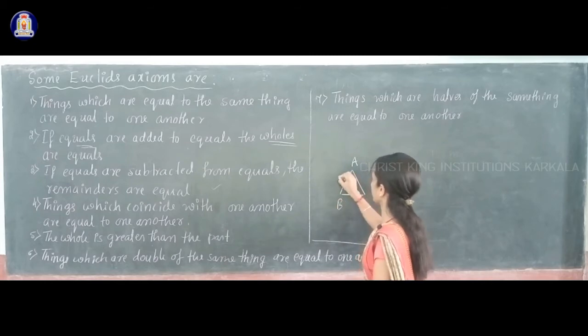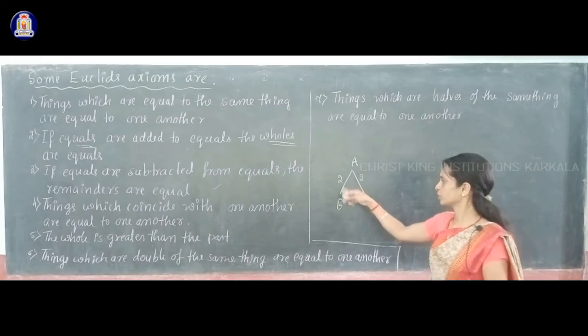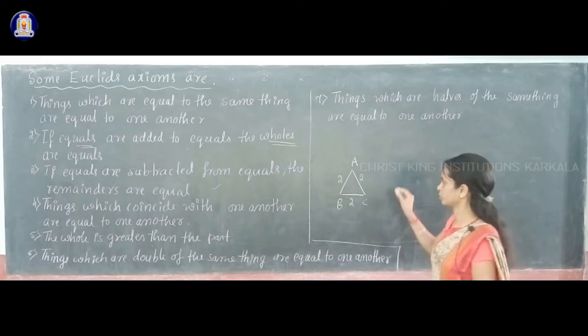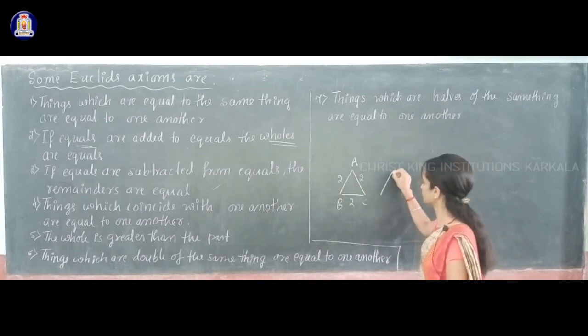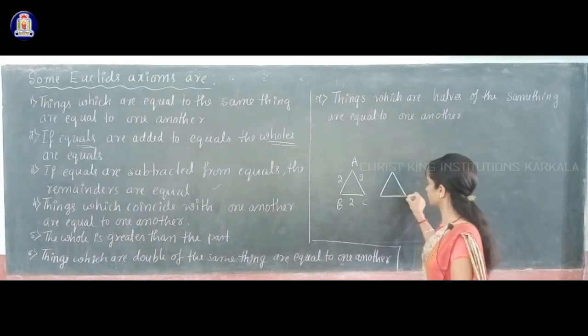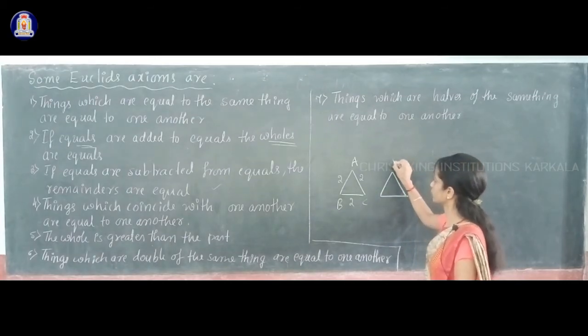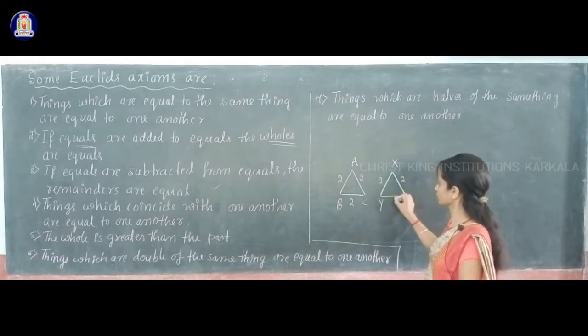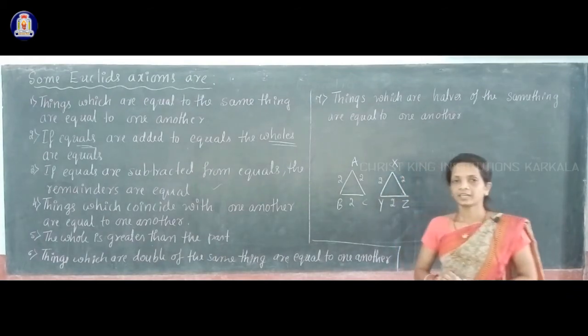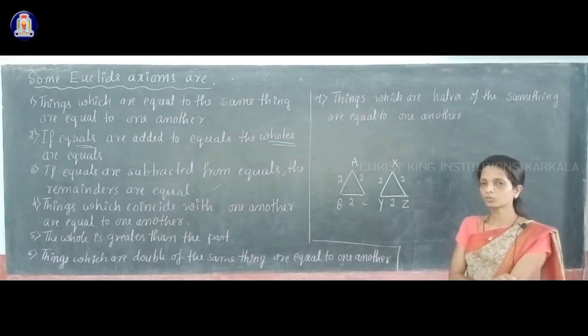Equilateral triangle means all sides are equal. I'll take one equilateral triangle with 2 centimeter sides. And I'll take one more equilateral triangle of the same length, triangle XYZ, with sides equal to 2 centimeter.